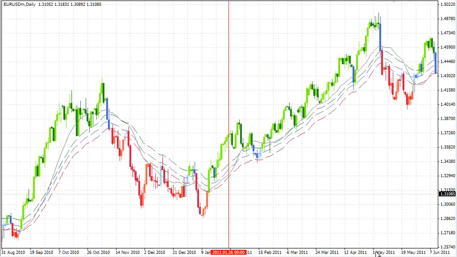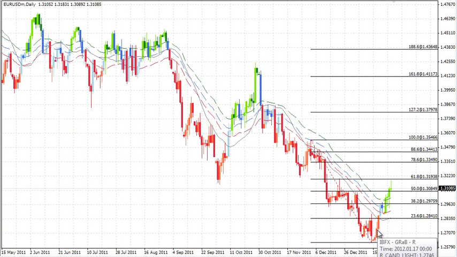Most recently, and here's where it will get interesting, and you can already see I've got a Fibonacci drawn on this chart here. The most recent move lower from this point to this point here has begun to move up higher, obviously.